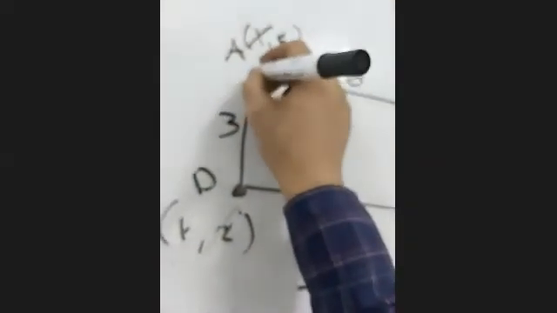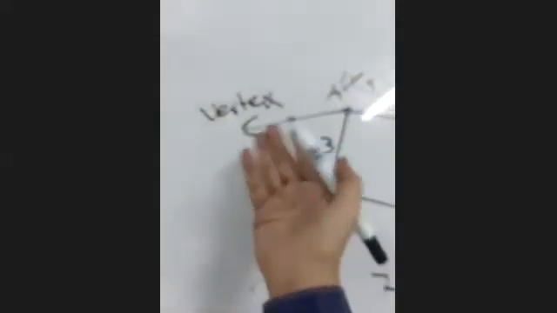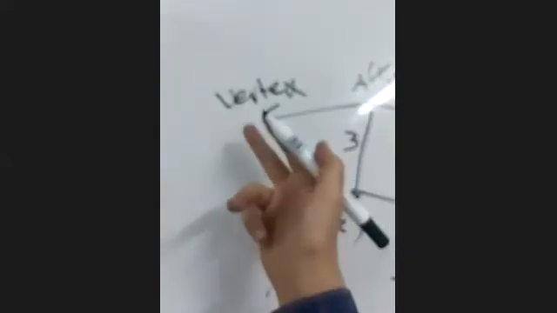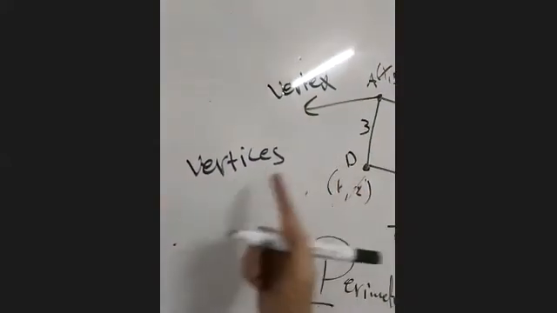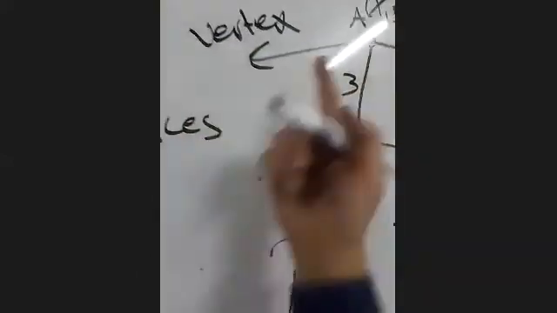Look here, guys. This point we call a vertex. The singular is vertex, the plural of vertex is vertices, not vertexes. See, the X becomes C, don't forget that. Continue.